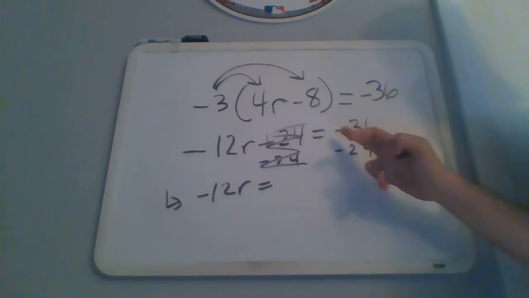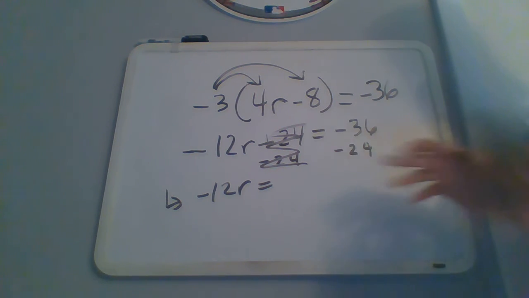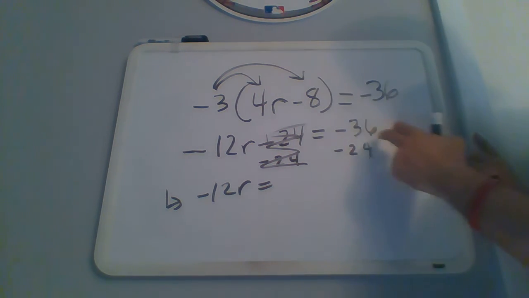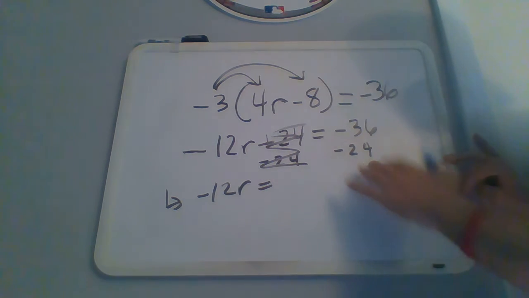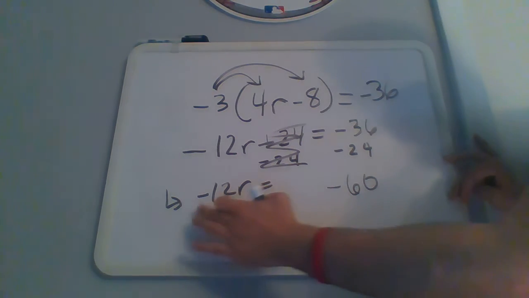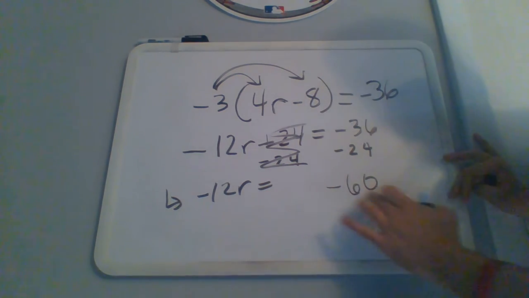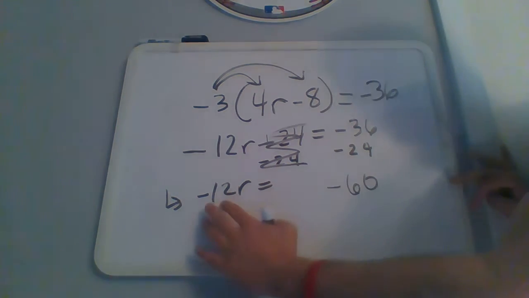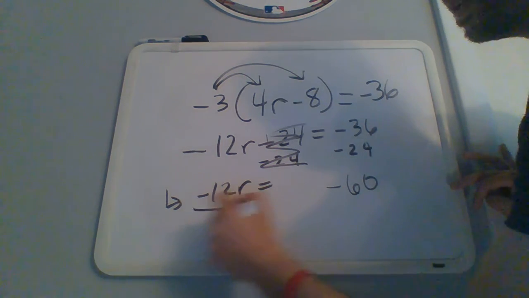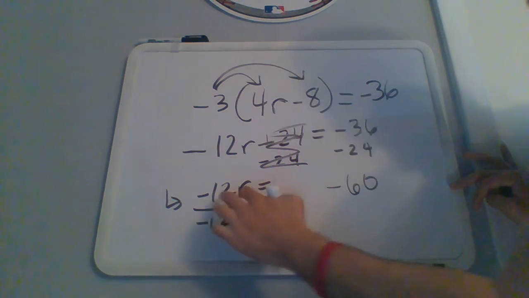When you're subtracting from a negative, it's going further negative, so it's like you're adding backwards. So negative 36 minus 24 would be negative 60. So we have negative 12r equals negative 60. Now to get rid of the negative 12, we have to divide by negative 12 because it's being multiplied up here.